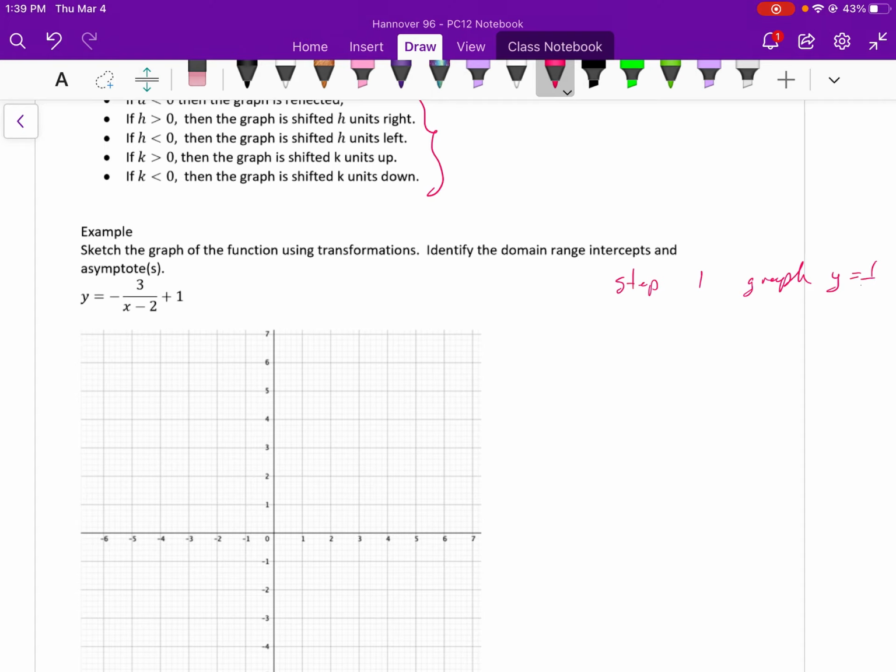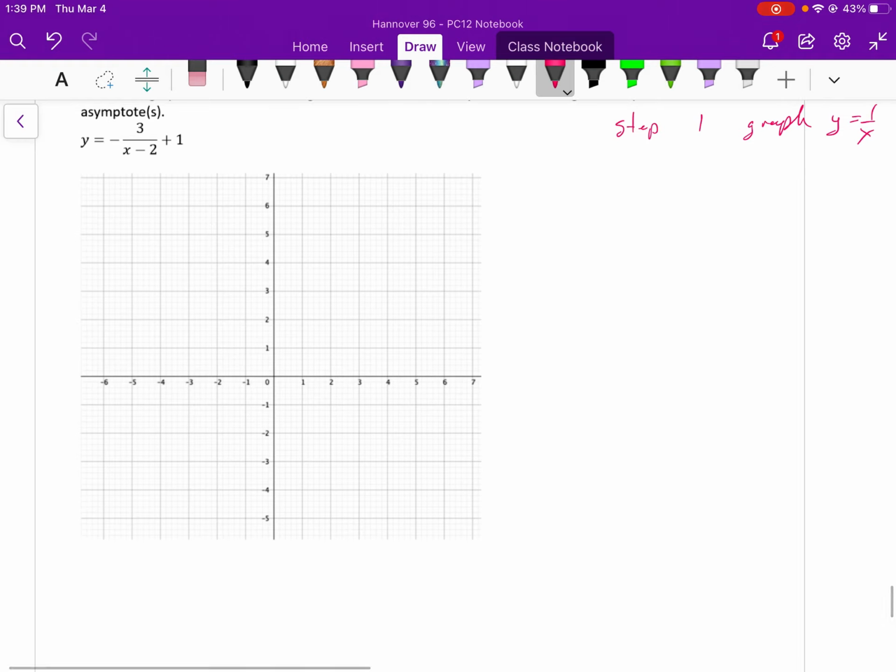So from this graph, step 1: graph y is equal to 1 over x. I need to have the ability to graph this, so I'm just going to move this up. Very quickly, I'm only talking about this function, not going to actually talk about the question. Remember, you know how to graph this cold.